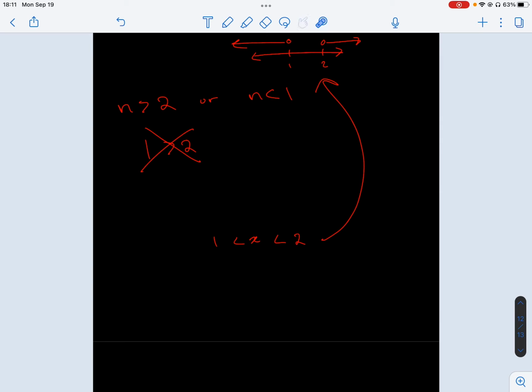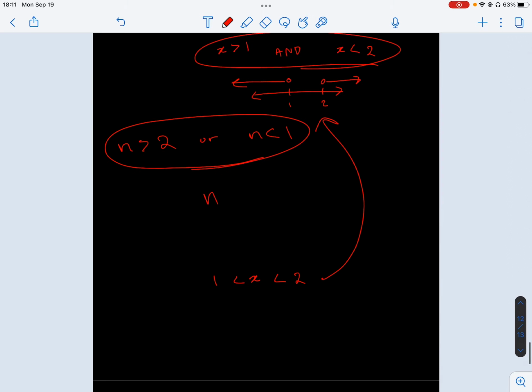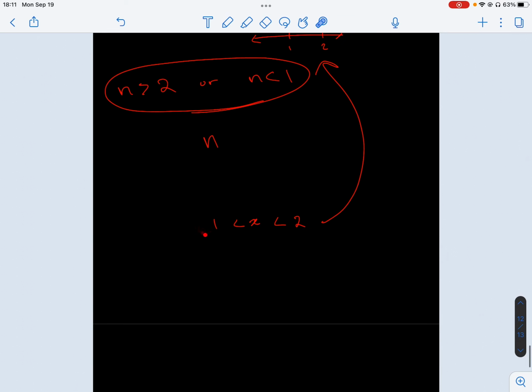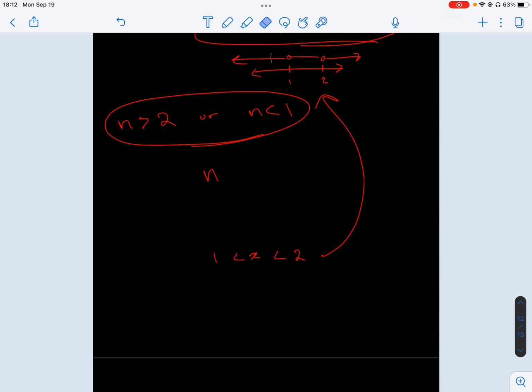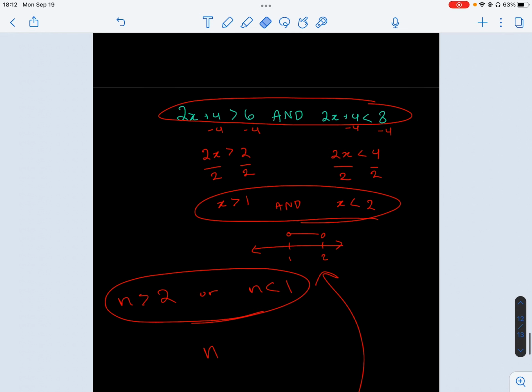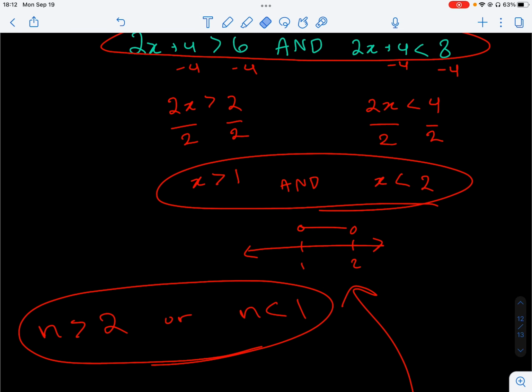So when it comes to the "or" expressions, we have to leave them separate because there is no overlap there. There's no space in between these two expressions. If you look up here in the graph that I made for it, there's no space in between. In this representation here, this way to format your inequalities is saying that x is between 1 and 2, which matches the original graph, which is our straight line between the two.